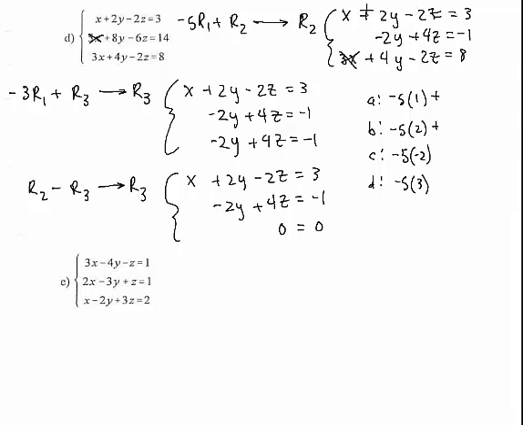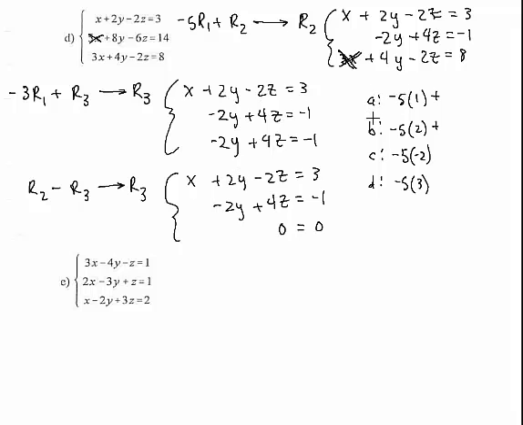Alright, that brought me to this point, and now I want to get rid of this 3x. I want to knock out the x from the third row. So I said the first row times -3 plus the third row replaces the third row. And that's going to give me this system.